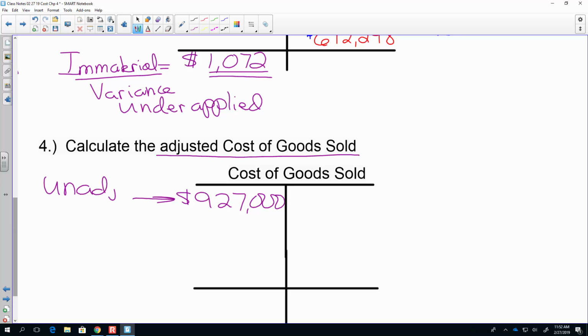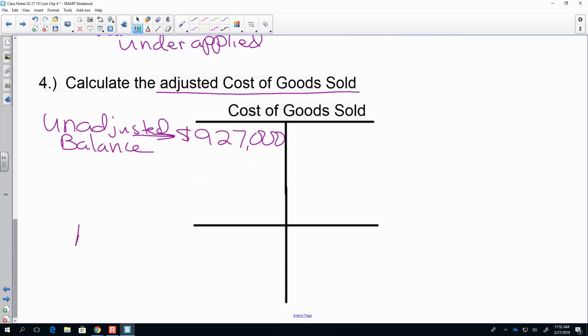This is the unadjusted balance in our cost of goods sold account, right? We're going to make our adjustments and get it to an adjusted balance at the end of the year.